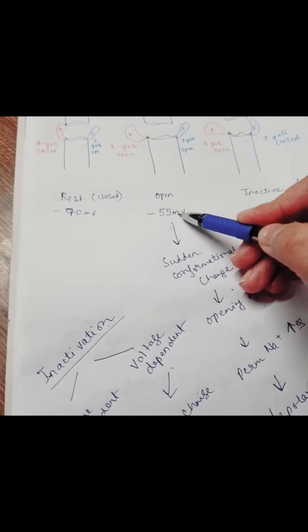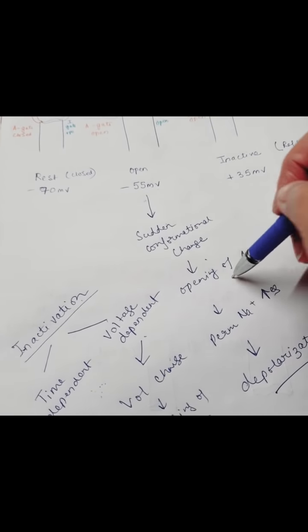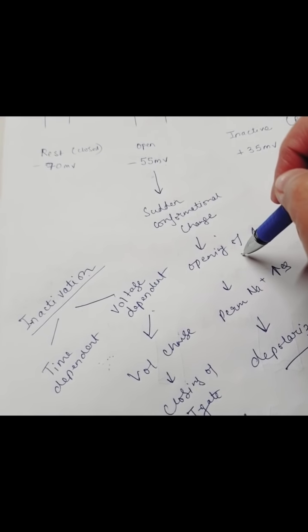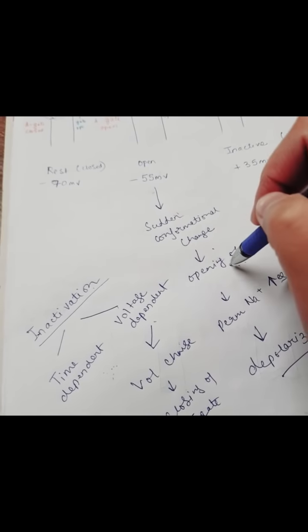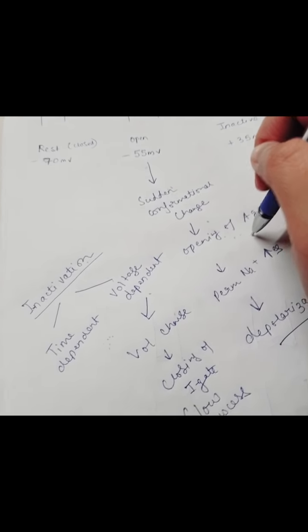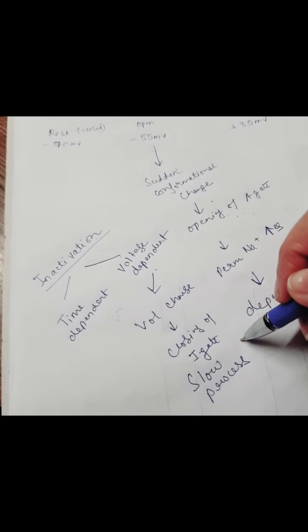Voltage change occurs, there is immediate opening of the A gate, but the I gate slowly starts closing.